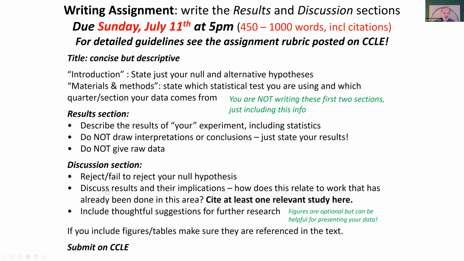And then in the discussion, you reject or fail to reject the null, and then discuss the results. And if they're unexpected, you can find another paper with similar or different findings, and then discuss that, and then go from there. It's like, okay, I can have further experiments, you know, by changing this experiment to investigate this further. So that's kind of the idea.